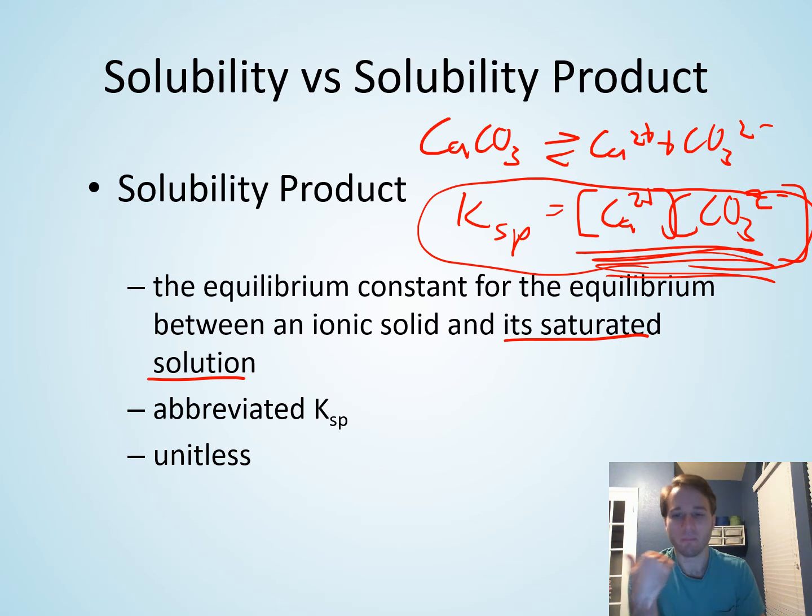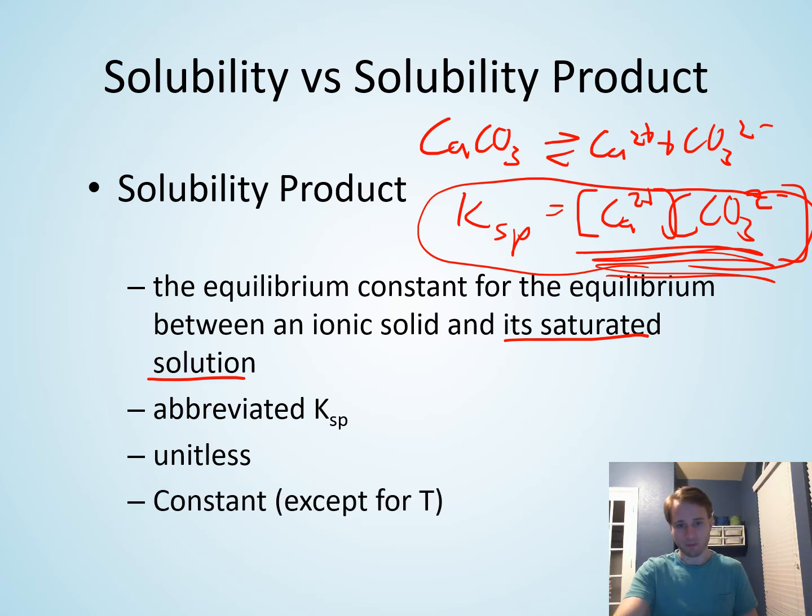So knowing what Ksp is can tell us about the solubility of our ionic compound in solution, and if we know the solubility of our ionic compound, then we can calculate Ksp. These things are directly related to each other, and we'll see plenty of examples of using these relationships to find one from the other.